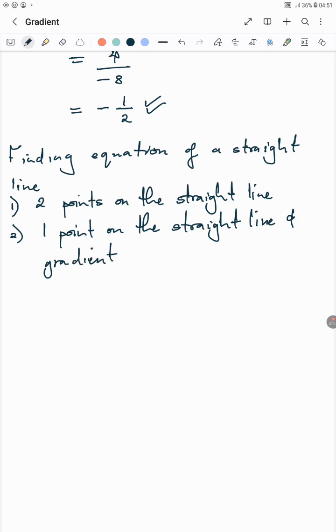Okay, so we're just going to look at some examples of how to find the equation of a straight line.